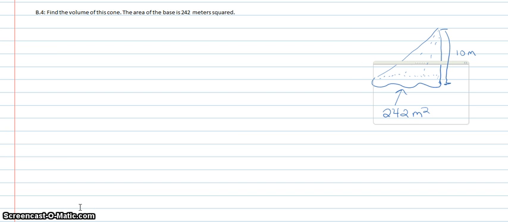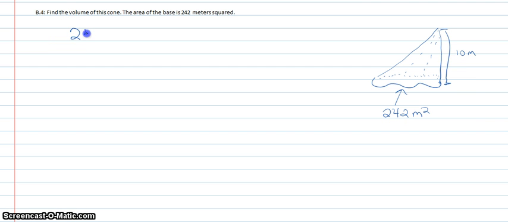The fourth example in lesson B is to find the volume of the cone, and it's kind of an odd base-shaped cone, but they give us the area of the base as being 242 meters squared. So again, we're going to multiply the base times the height, but this time we also have to multiply that by 1/3 to find out what the volume of the cone is. So earlier in example 3, we had already multiplied that together.